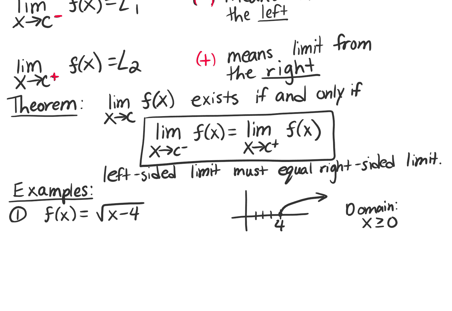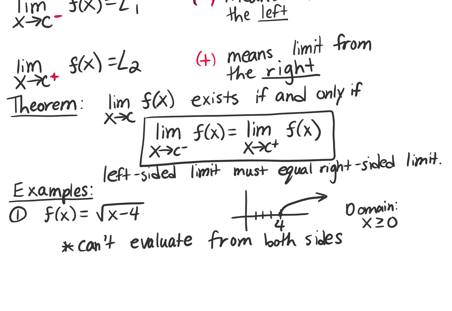What that means is we can't evaluate from both sides at 4 because there's only one side to this graph. And when we're talking about that, we're talking about the limit as x approaches 4 of this function.